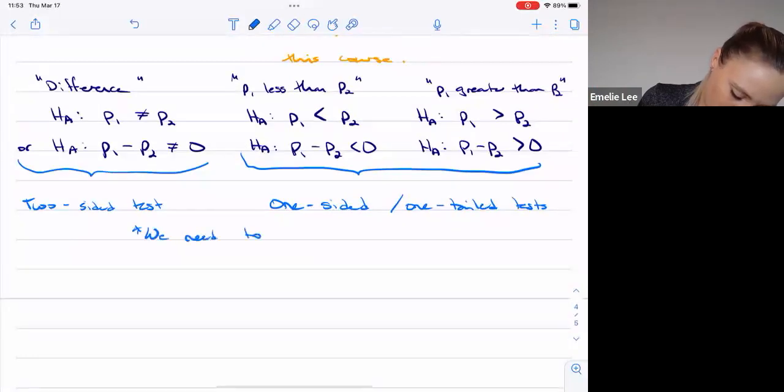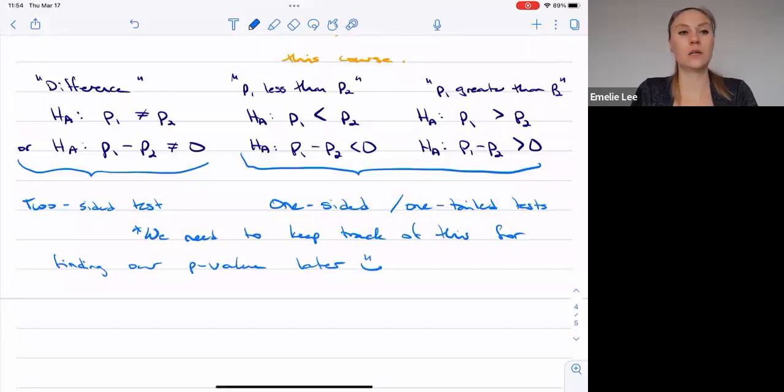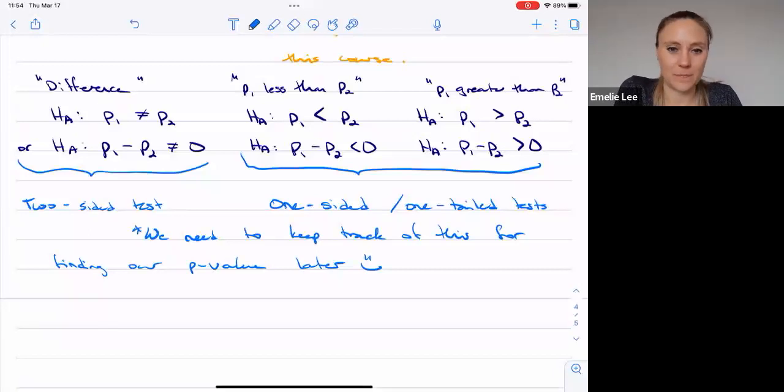We need to keep track of this for finding our p-value later. So one-sided test, two-sided test, we kind of parking lot that and make a note somewhere, and then we come back to it later in step 3.